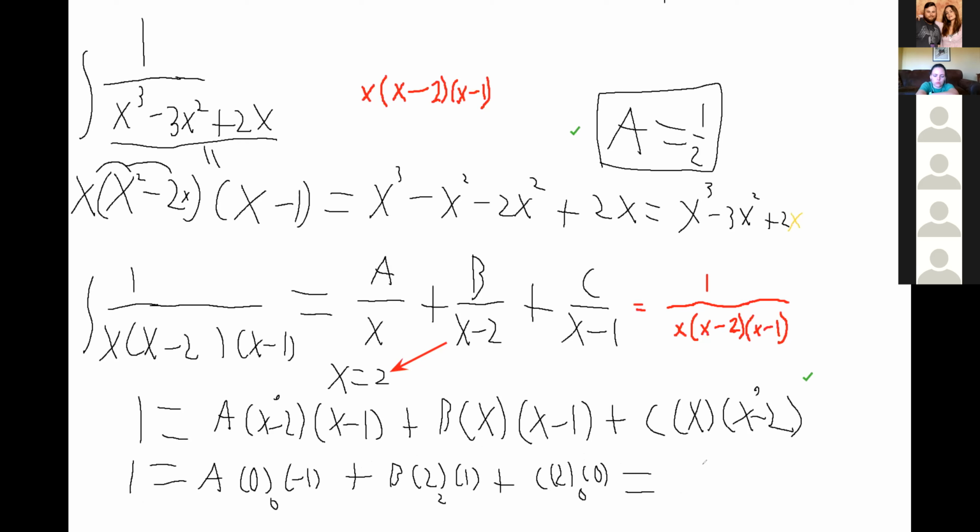So now we're left with 1 equals b2. And it turns out this would just be the same as a, so b is equal to 1/2.